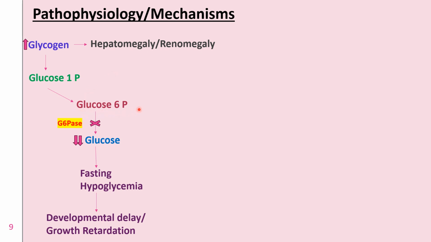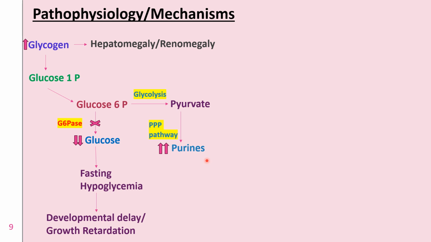Now, as we have seen, glucose 6-phosphate does not get converted to glucose, so this excess glucose 6-phosphate then goes into the glycolytic pathway and forms pyruvate. Pyruvate has various fates. One of these is it goes into the PPP pathway and leads to increased purine synthesis in these patients.